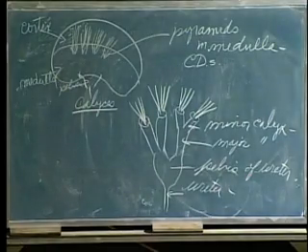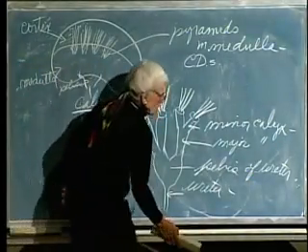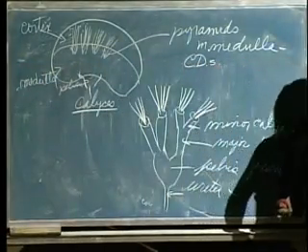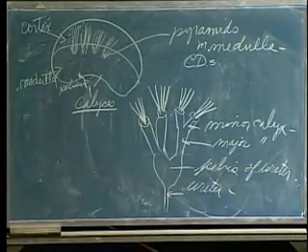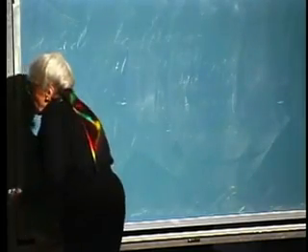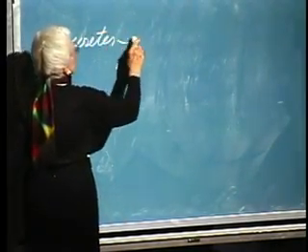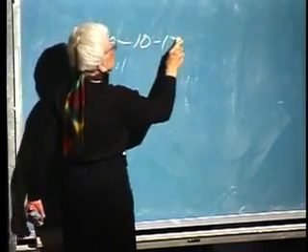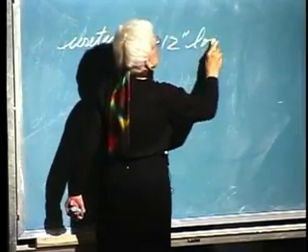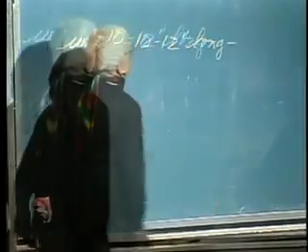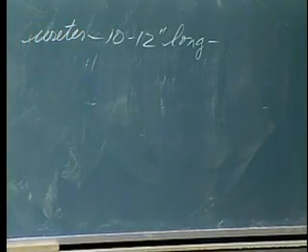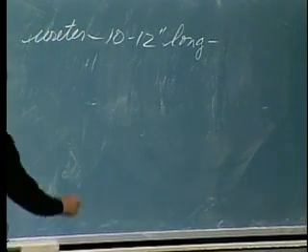So let's follow our ureter. How big is your ureter? How long? The ureter is about 10 to 12 inches, and it's conveying the urine from the kidney to the urinary bladder.